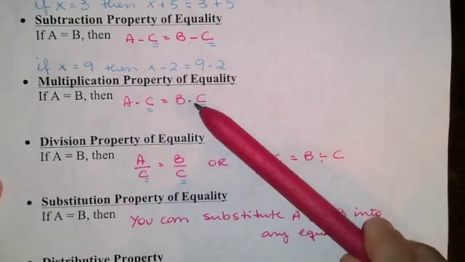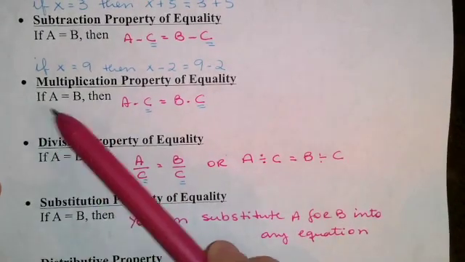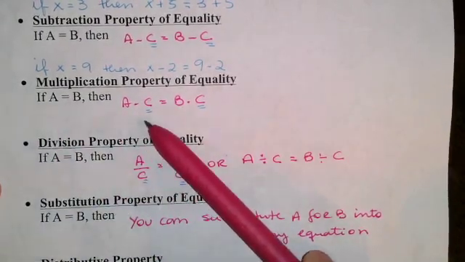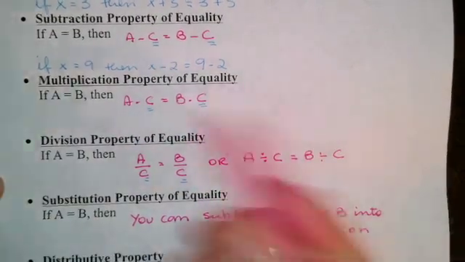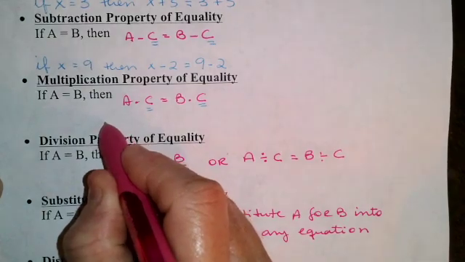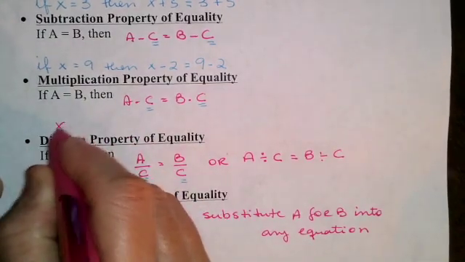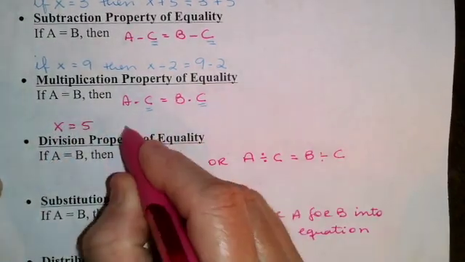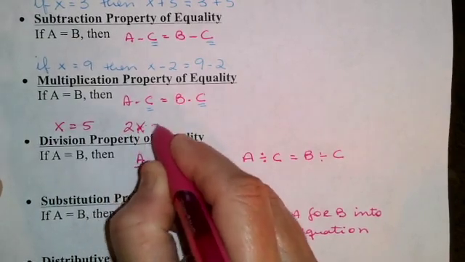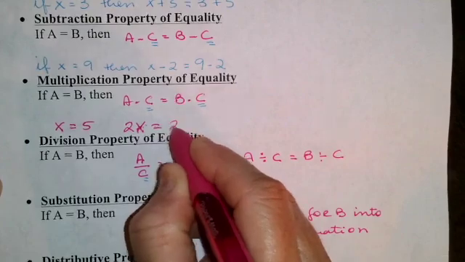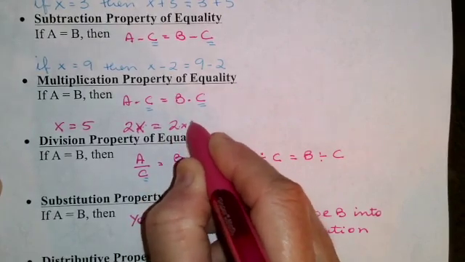Multiplication property of equality. Now we have if A equals B, then A times C equals B times C. So an example of that would be x equals 5, so 2 times x equals 2 times 5.